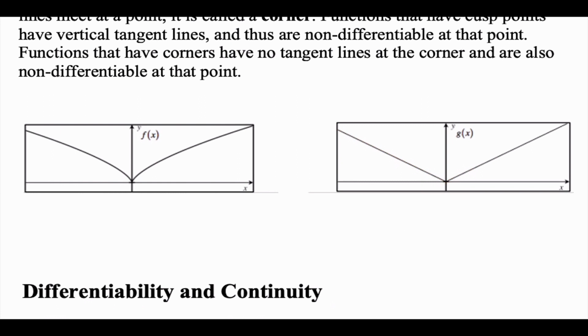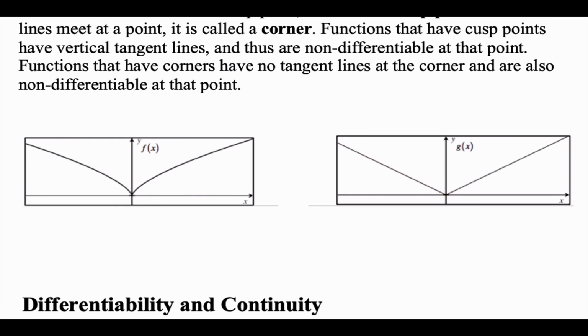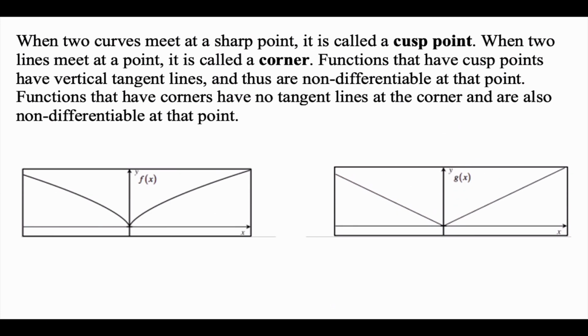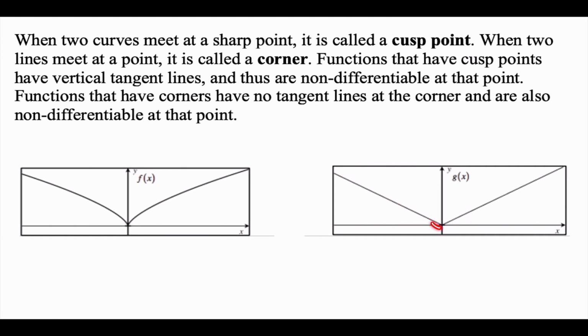It's a point. It's a corner. We call it a corner. So we say that this guy is not differentiable at 0 because of this sharp turn. Another reason why is the derivative here is negative. The derivative here is positive. Well, what's the derivative here? Nothing. It doesn't exist. So that's why this one is not differentiable.